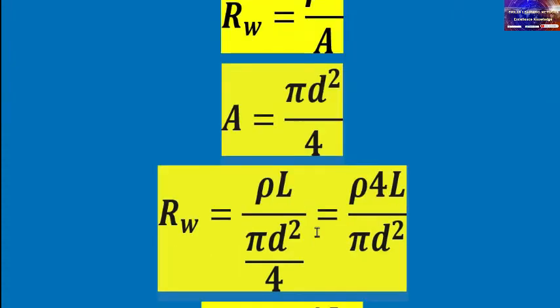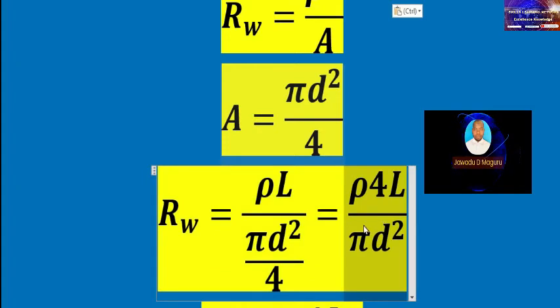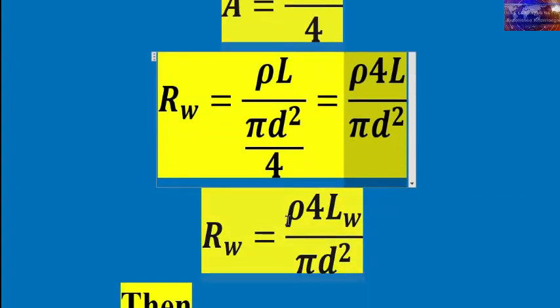Then we proceed with the equation. So the resistance of wire will be resistivity times 4 times L over pi d square. So we are going to put this one into this equation. It will be this one.